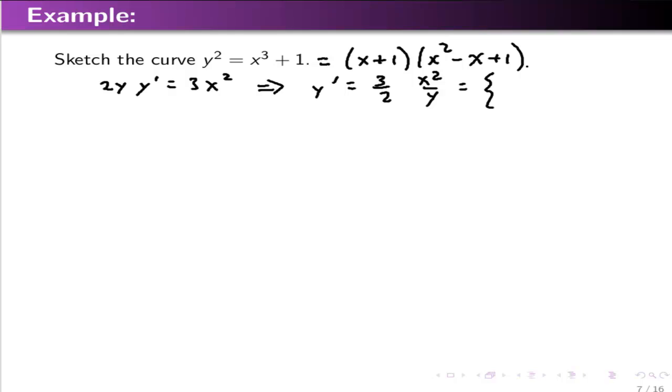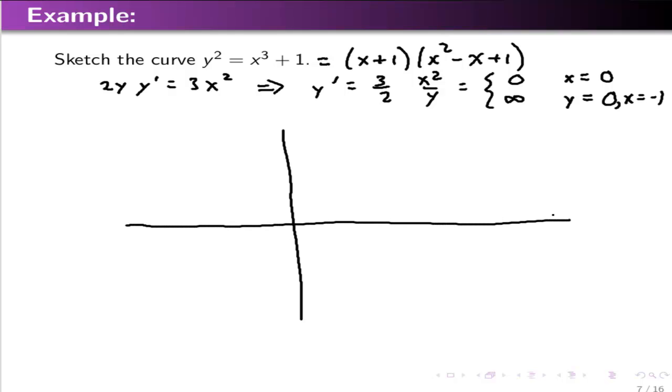So it is 0 when x is 0, and it's vertical tangent when y is 0, and y is 0 when x is -1. Okay, so at -1, we're going to have a vertical tangent.